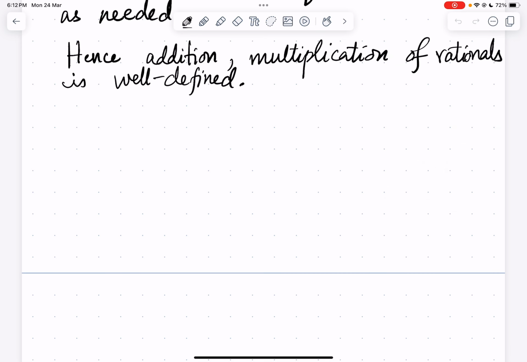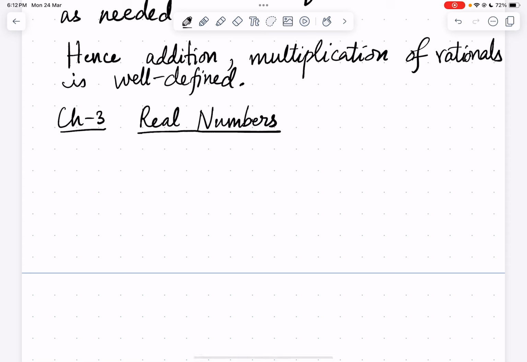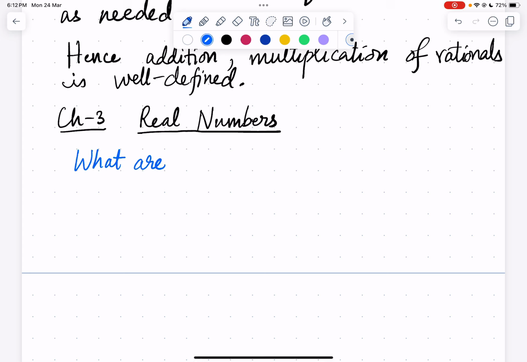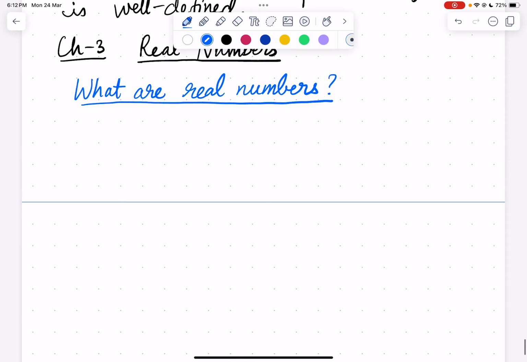Okay, let's continue. We'll continue with chapter 3, real numbers. So, what are real numbers?